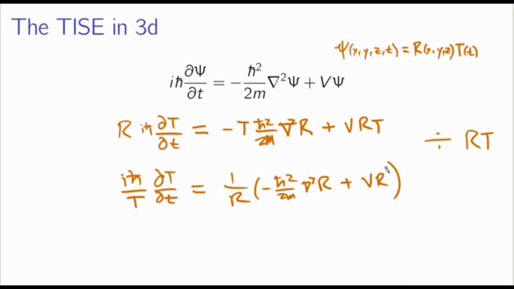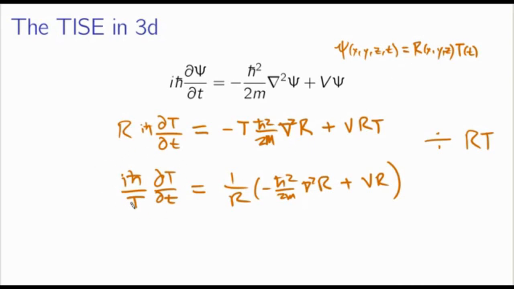This is the same sort of structure as we got when we were doing separation of variables in one dimension, except now instead of separating one spatial dimension from one temporal dimension, I've separated 3 spatial dimensions from one temporal dimension. The separation works the same way.